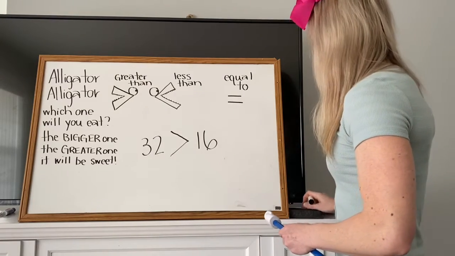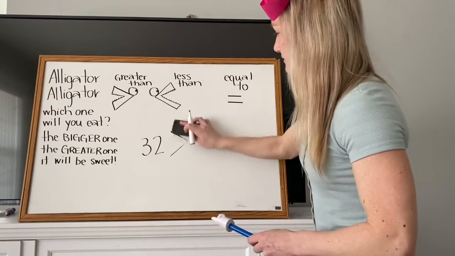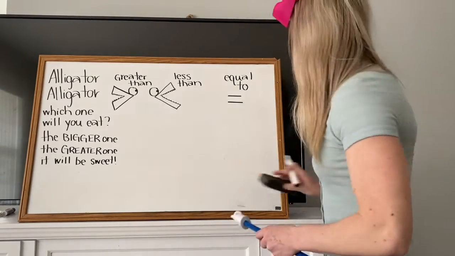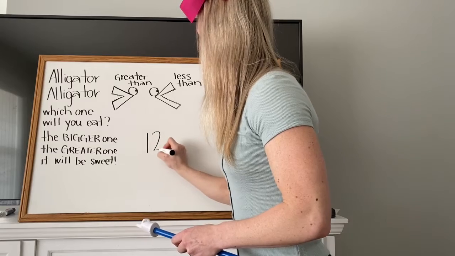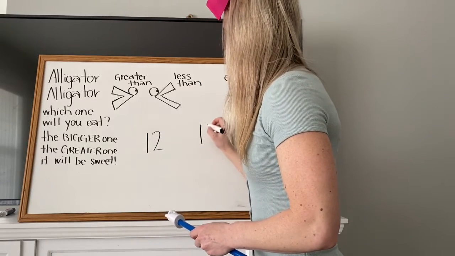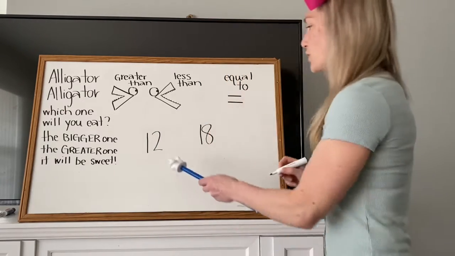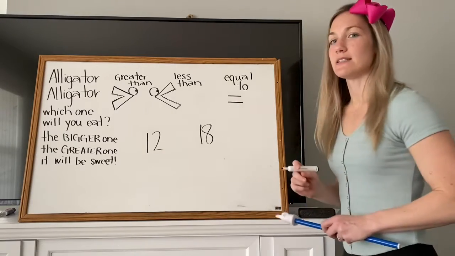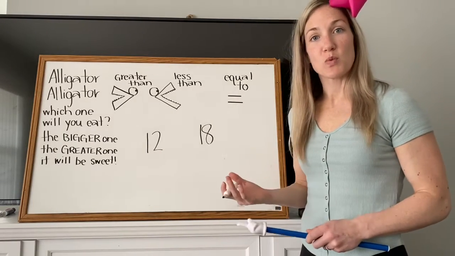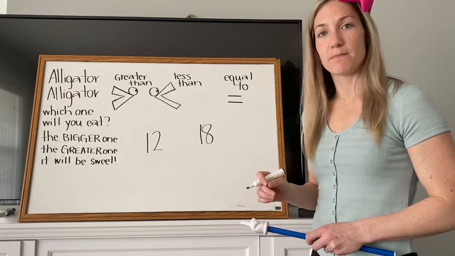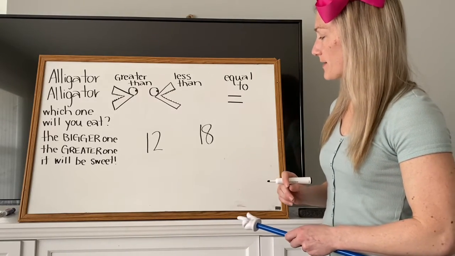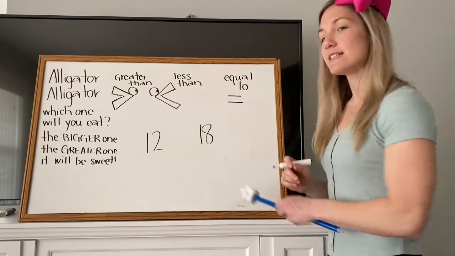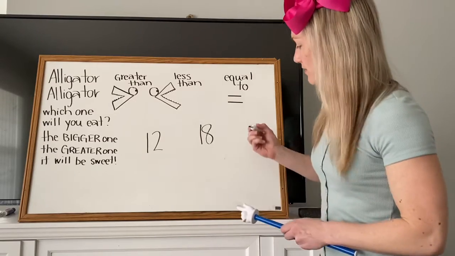Let's try another one. 12 and 18. First, you want to ask, which one's the bigger number? Because we know that our alligator always chomps up the biggest number. 18 is bigger than 12.